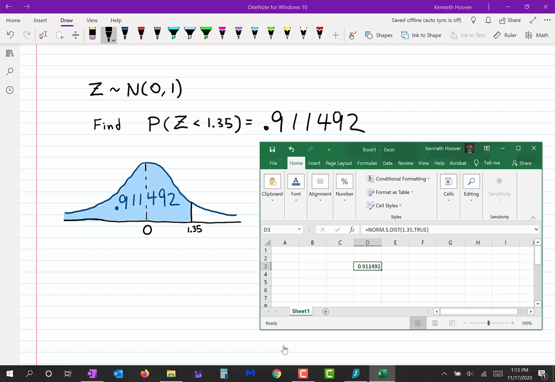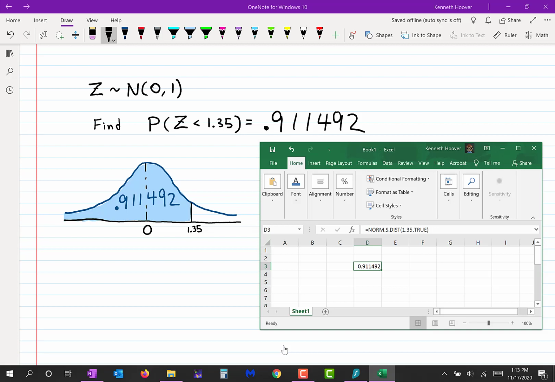But also, I want you to remember that when we used the table in the back, it didn't give us the answer of 0.911492, did it? It gave us something like 0.4114 or 0.4115, something like that.